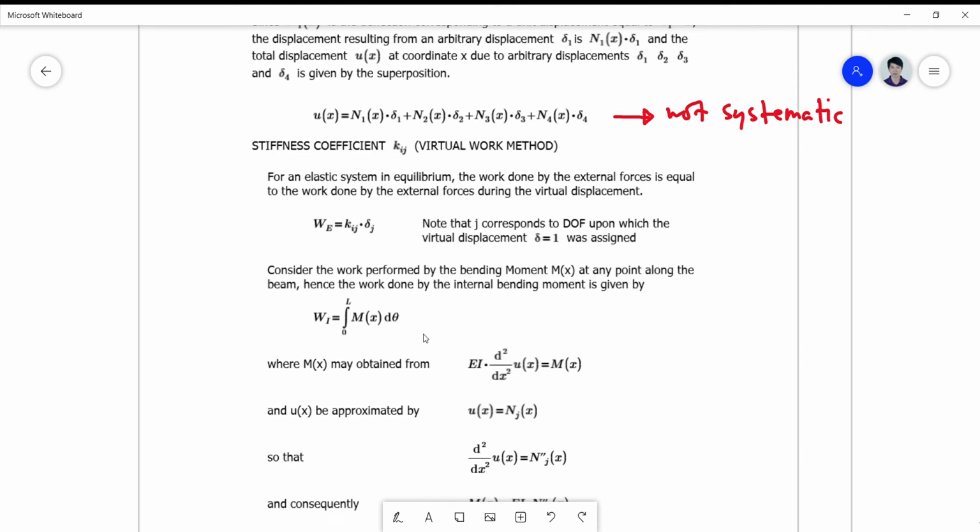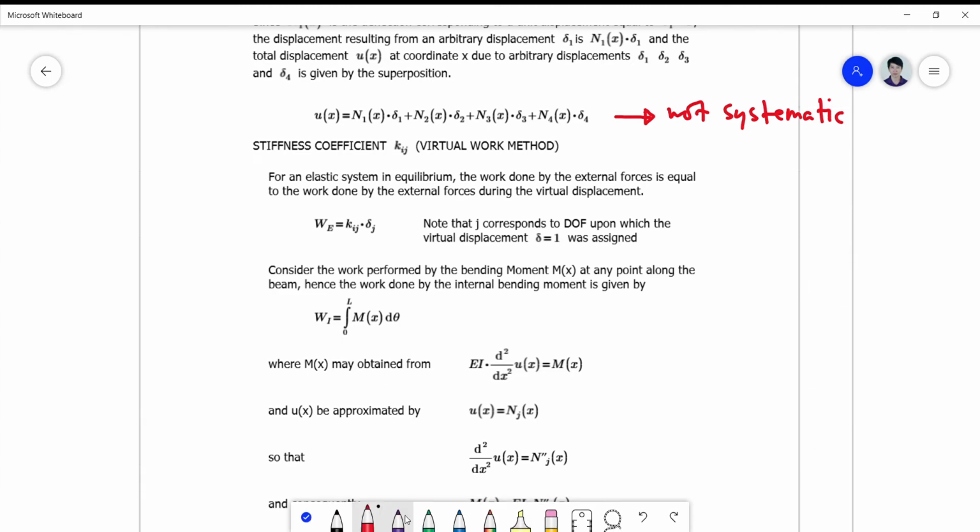For the consideration of the internal work done or performed, we have to bear in mind that your beam problem is a flexural member, so the bending moment is the key equation to consider when it comes to the internal work.